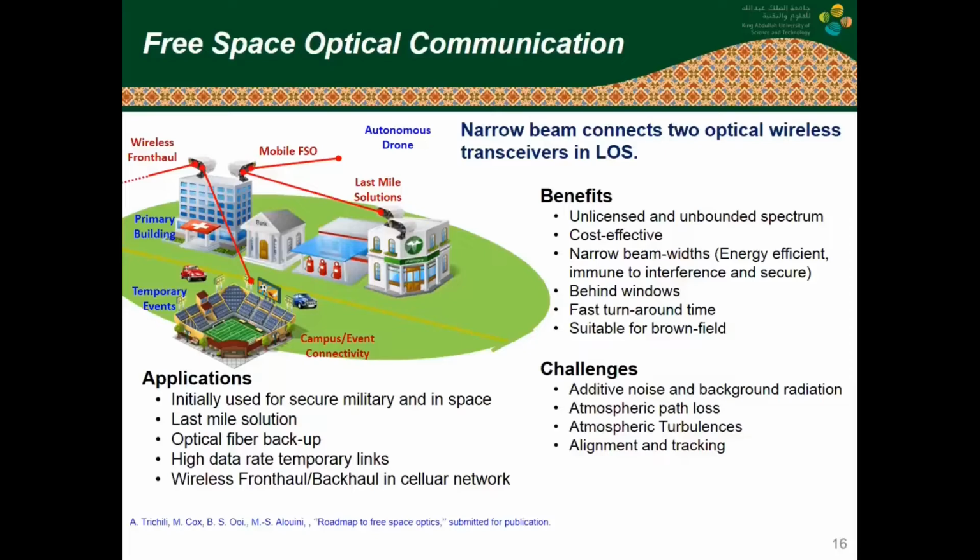Again, when we talk about free space optics, we are talking about unlicensed and unbounded spectrum. It's cost effective. It can allow you to transmit quite a bit of data without having to dig. You can bypass all digging rights below a river, or if you have a tunnel. So it allows you to very quickly install your fiber optic network over the air.